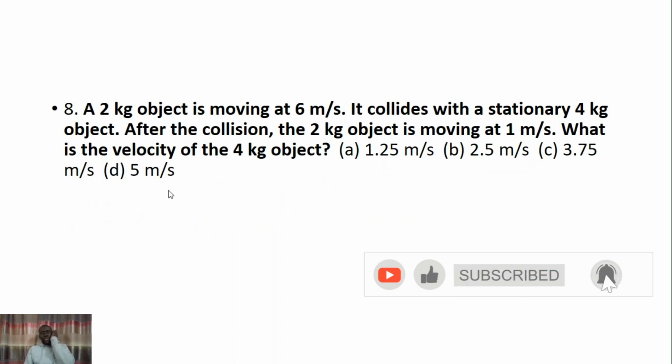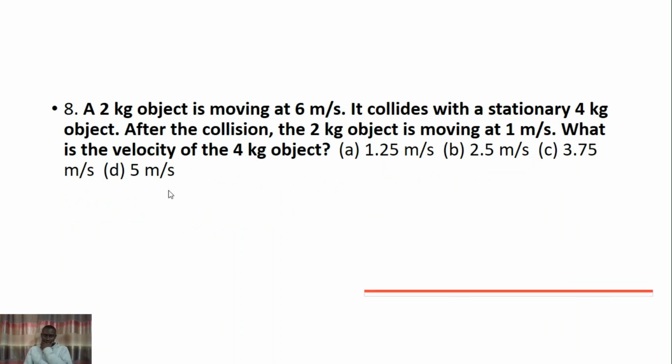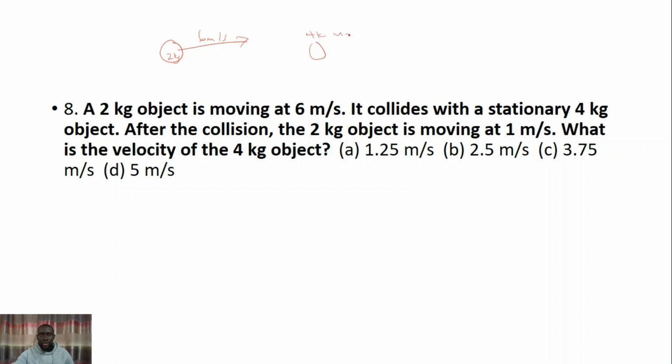A 2 kg object is moving at 6 meter per second. It collides with a stationary 4 kg object. After the collision, the 2 kg object is moving at 1 meter per second. What is the velocity of the 4 kg body? The 2 kg body moving at 6 meter per second collides with another stationary body which is 4 kg. u is equal to 0.